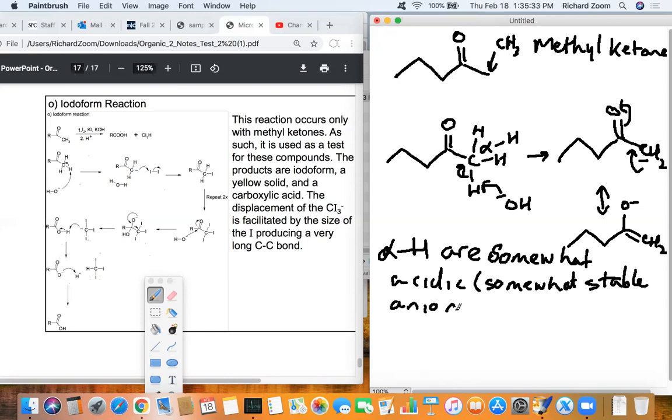We've talked about this before with regard to acidity. So the bottom line is that the hydrogen next to the C double bond O, specifically the one on the methyl group, because it's more exposed, is somewhat acidic. And what that means is it can be replaced by an iodine, which is what we're doing here. If we do this 3 times, we end up getting this kind of creature.